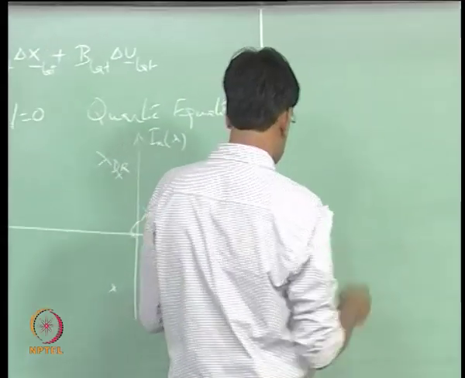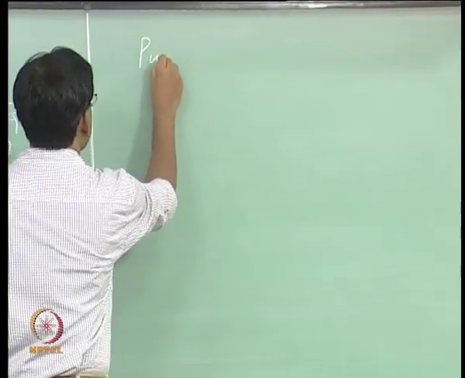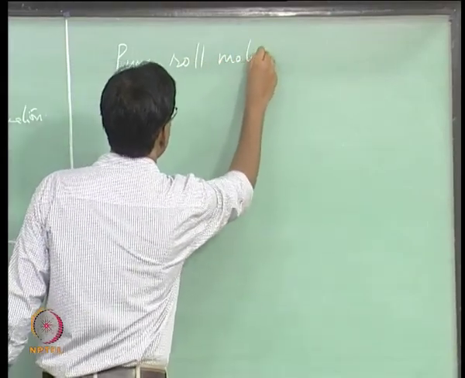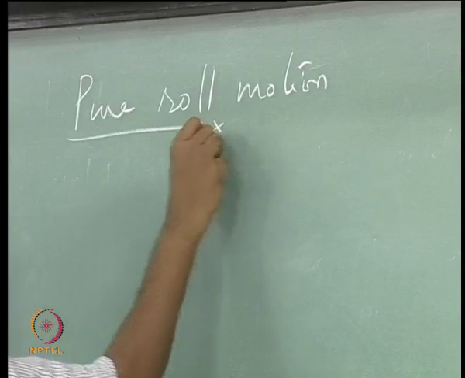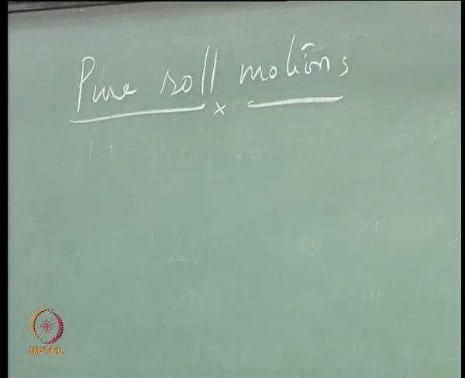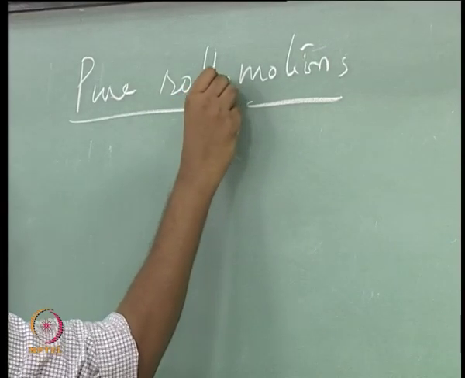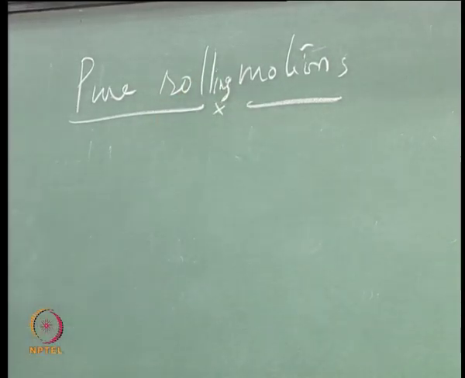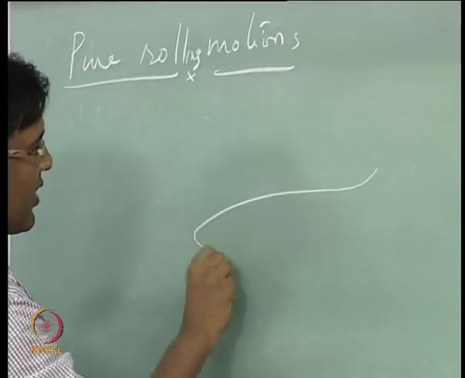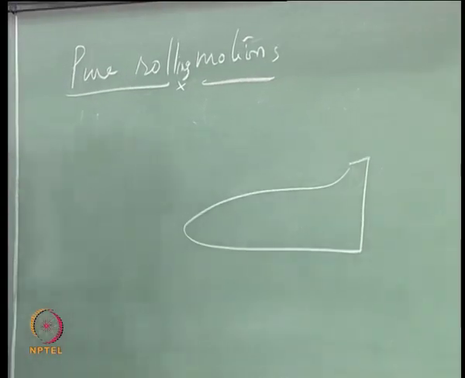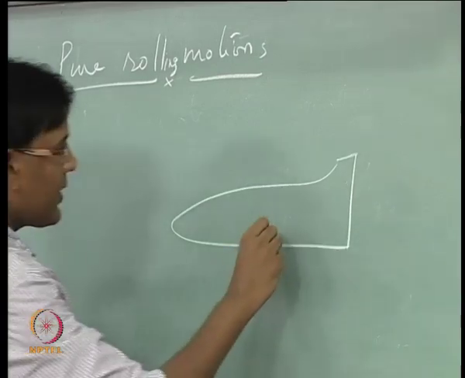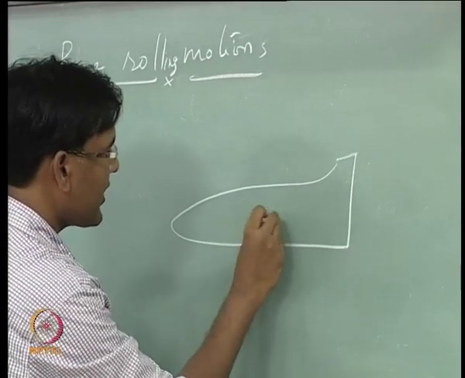So, let us look at some constrained motions, right. So, pure rolling motion. So, what you are doing is you are mounting your aircraft, model of aircraft in the wind tunnel, so that it has only one degree of freedom.